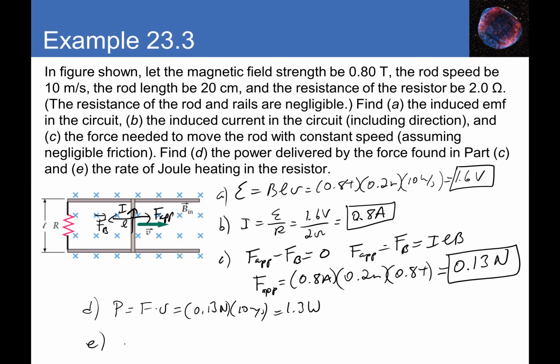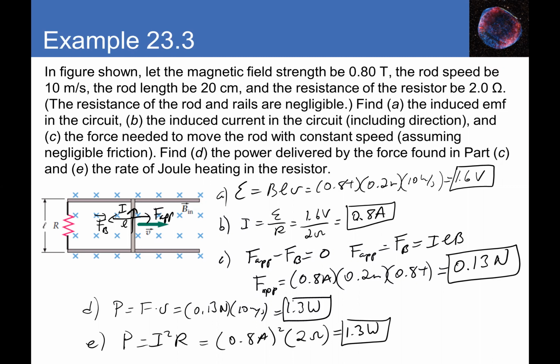And part E is the power or rate of joule heating, which means I just want to find power, the rate of energy dissipation, which we can do with I squared times the resistance. So 0.8 amps squared times the resistance of 2 ohms. And what we should get here is 1.3 watts, just like before, because as we said, energy delivered is the same as energy dissipated in our circuit.